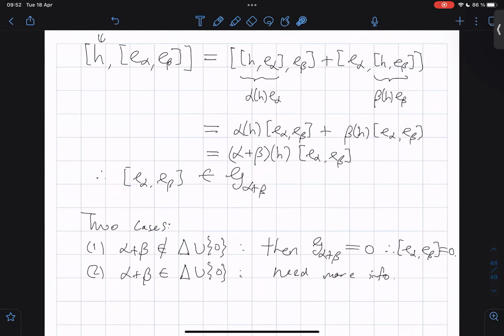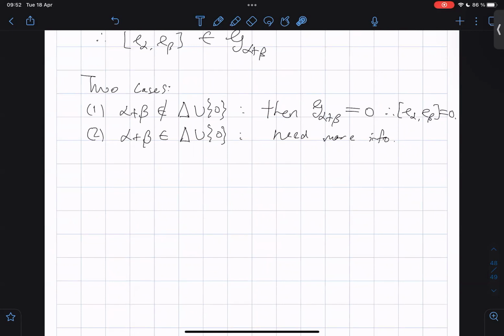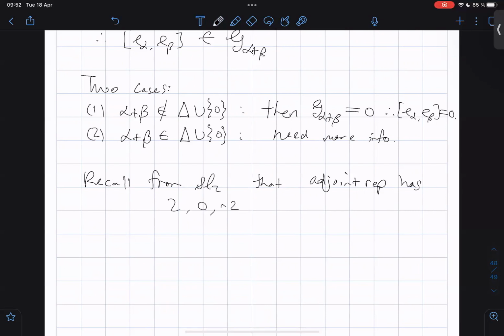Recall from SL2 that the adjoint rep has 2, 0, -2 as weights.